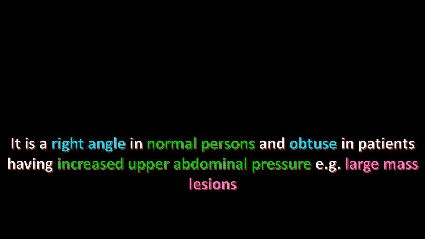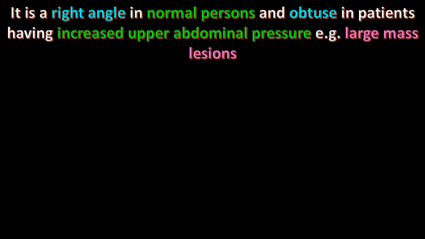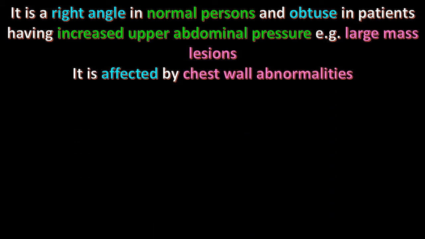Subcostal angle. It is a right angle in normal persons, and it is obtuse in patients having increased upper abdominal pressure, like the presence of a large mass lesion in the upper abdomen.